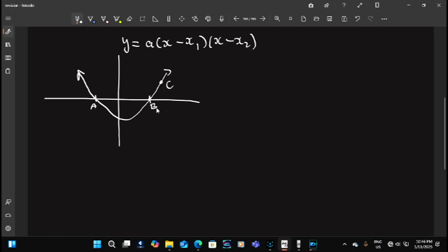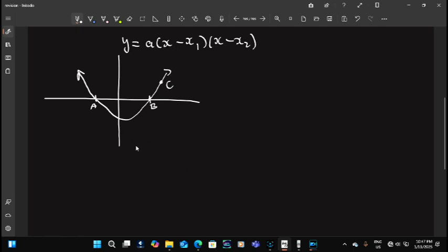All right. And then to find a, after substituting x1 and x2, you are going to substitute the point on the x axis and the y.